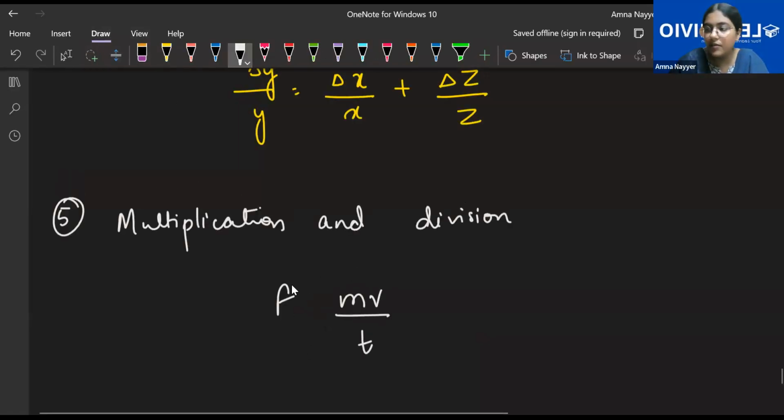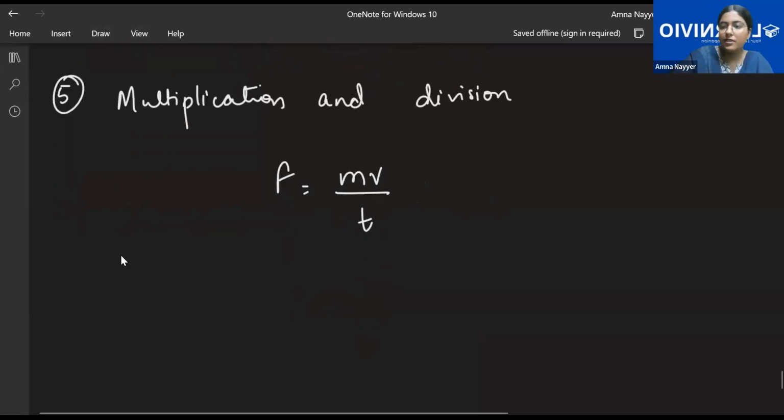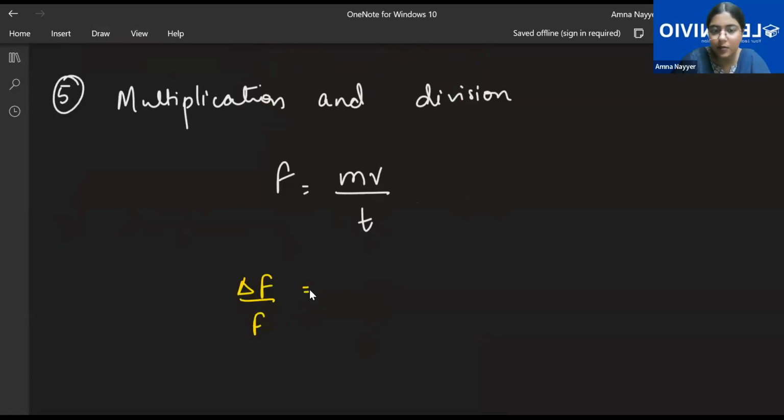So see, now if I have to write this in terms of the error analysis, I'll write it as delta F by F is equal to, now mass is there, so delta M by M plus this velocity is there, so delta V divided by V. Now these two are getting multiplied, so we use this.